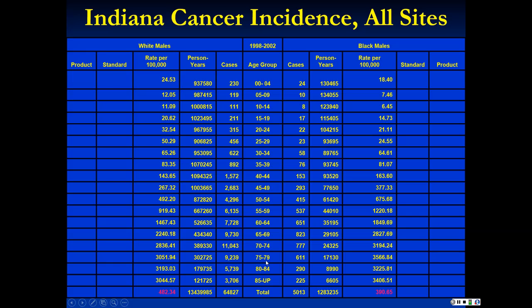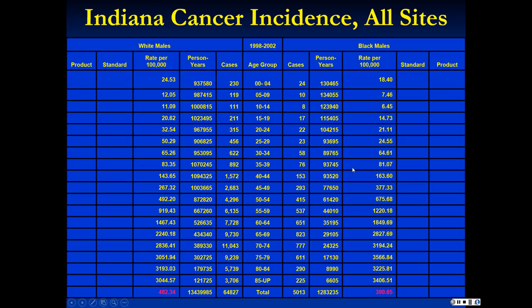In the 75 to 79 age group, it's 3,051 per 100,000 for the white males, 3,566 per 100,000 for the black males. Black males have much more cancer in the late 70s, and likewise in the early 70s, the late 60s and the early 60s, the late 50s and the early 50s, the late 40s, the early 40s.